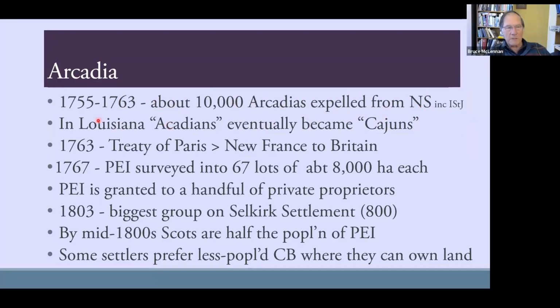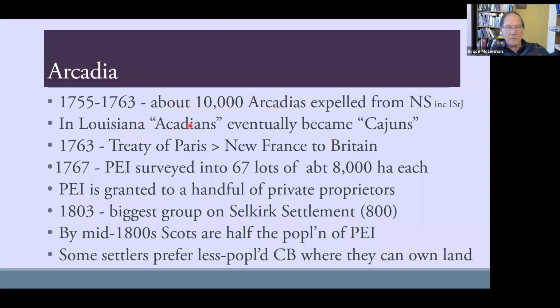In particular, these were people evicted before the Plains of Abraham. About 10,000 of them were sent packing, not all to the bayous. Some went there. Of course, it was French speaking, and that was a good place to go out from New Orleans. But some went back to France and others to the islands in the Atlantic and so on.